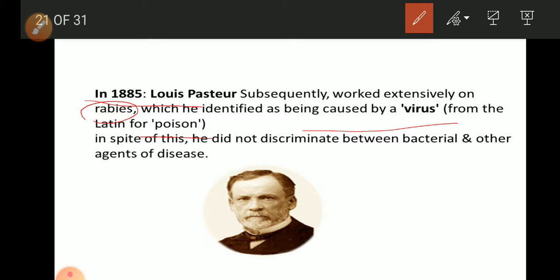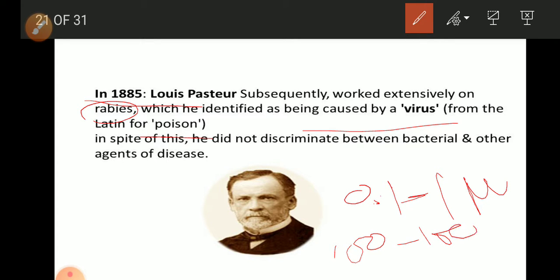A porcelain filter has pore sizes of about 0.1 to 1 micron, which can be 100 to 1000 nanometers. In spite of this, he did not discriminate between bacterial and other agents of disease.